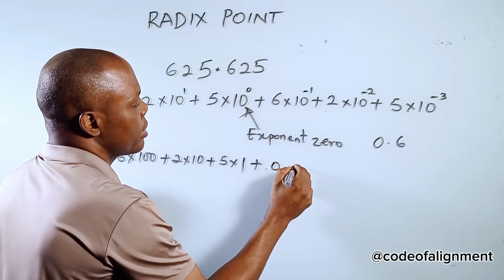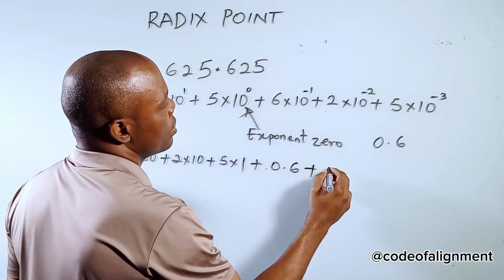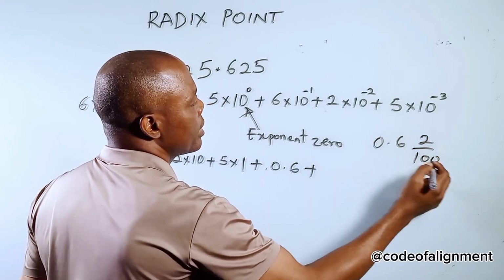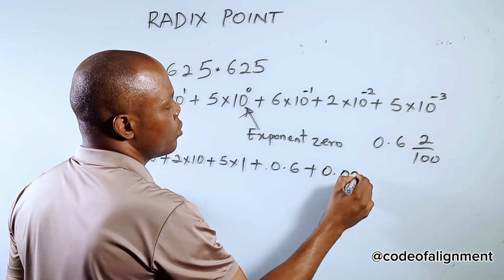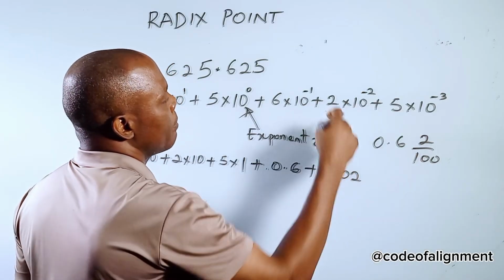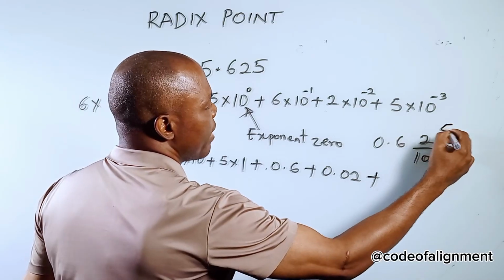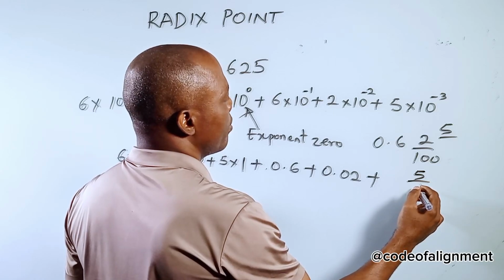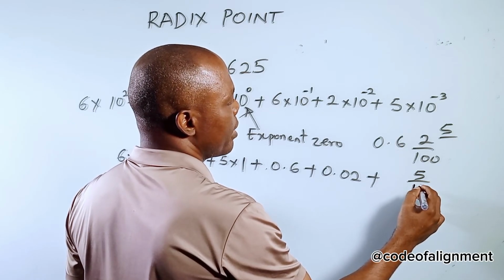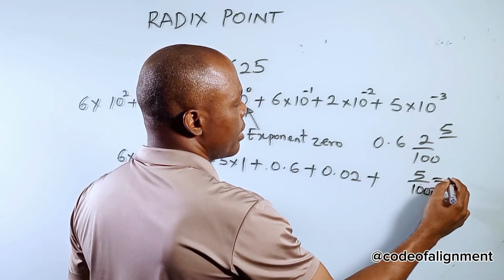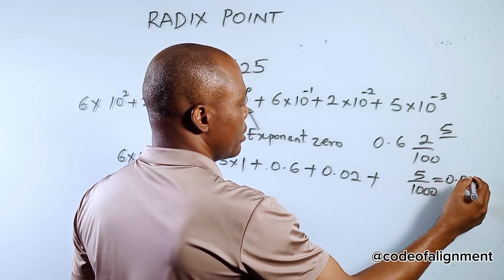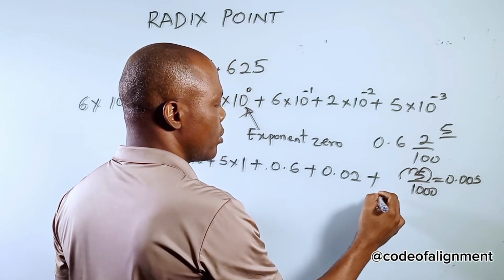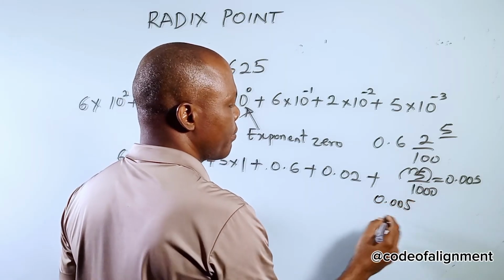Plus 2 over 100, that will give us 0.02. Plus 5 over 1000, that will give us 0.005.